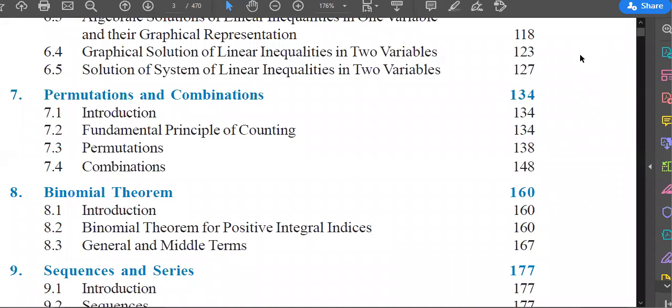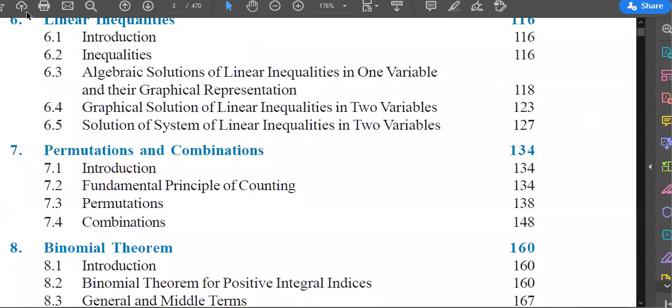Try to complete this complex number. If possible, please revise permutation combination.